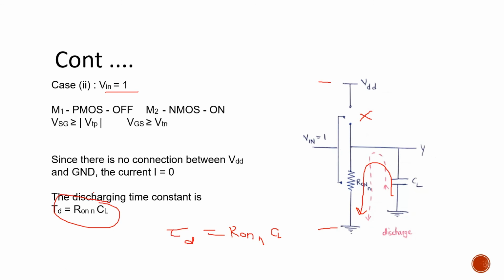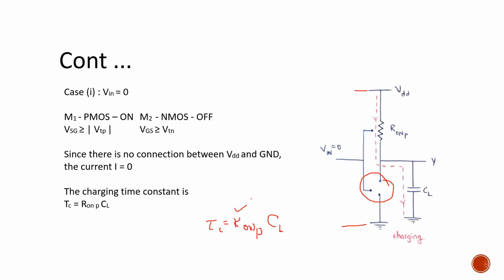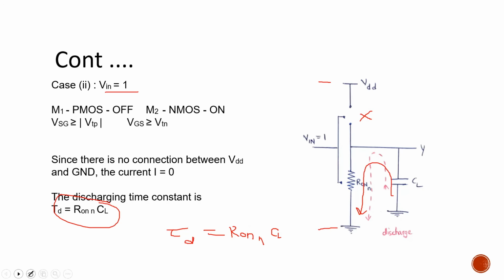So the discharging time constant in the NMOS inverter and in the CMOS inverter is the same. But in charging, the time constant in the NMOS inverter is RL CL, whereas here it is R on P CL, and R on P is very less. Hence the charging time constant is less in the CMOS logic.